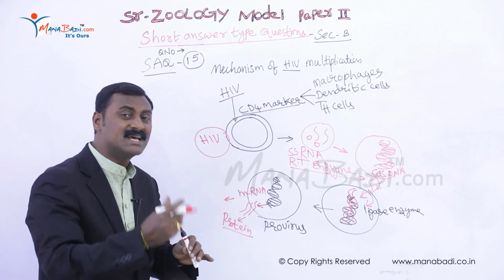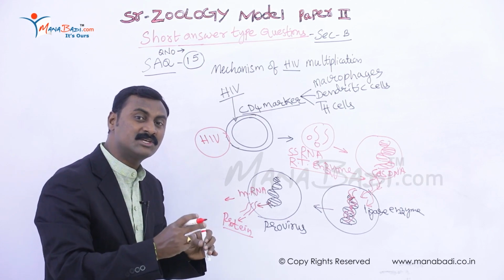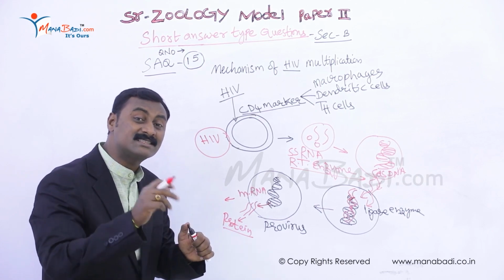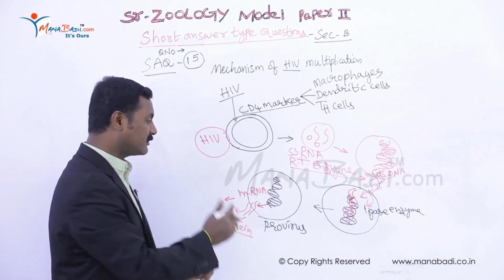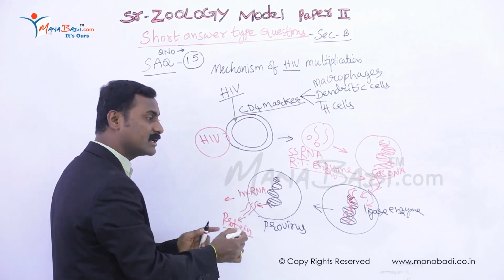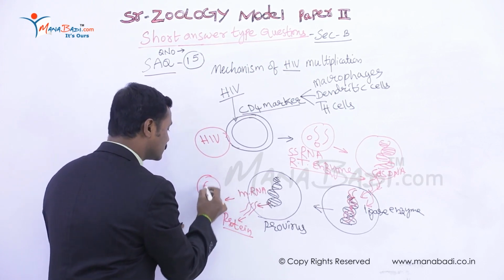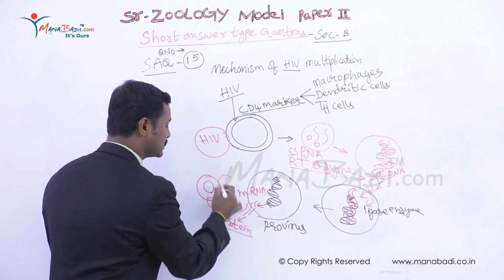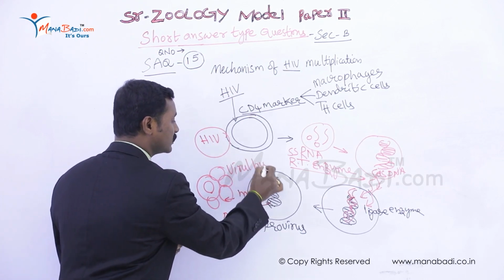So the virus is slowly manipulating our genome and synthesizing what it needs. Whatever the needs are for that particular virus, that is going to give small viral buds. So viral buds are released out.